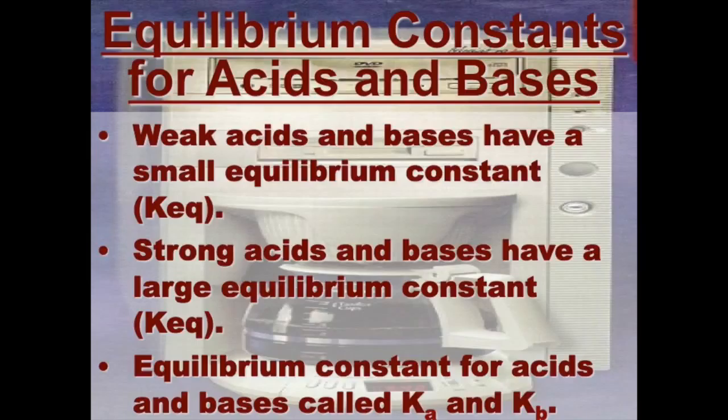Okay, or for the specifics, like at the very bottom you can see the equilibrium constant for acid is capital K, subscript A. And the equilibrium constant for base is your capital K and a subscript B. So weak acids will have a small equilibrium constant, and our strong acids and bases will have a large equilibrium constant.